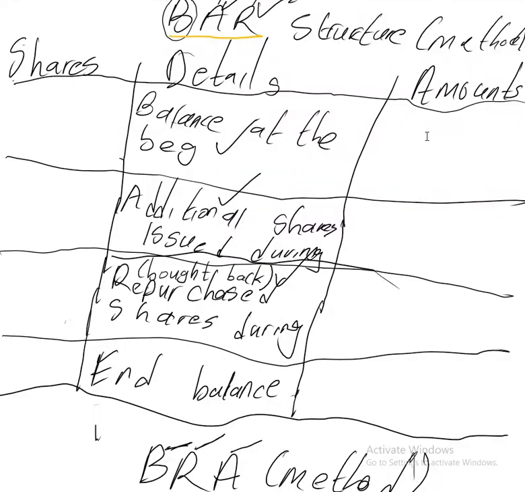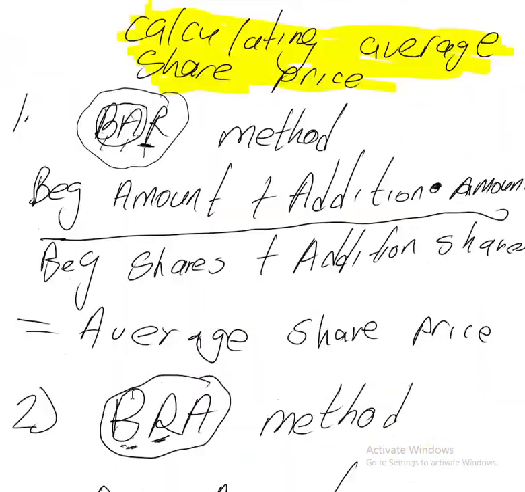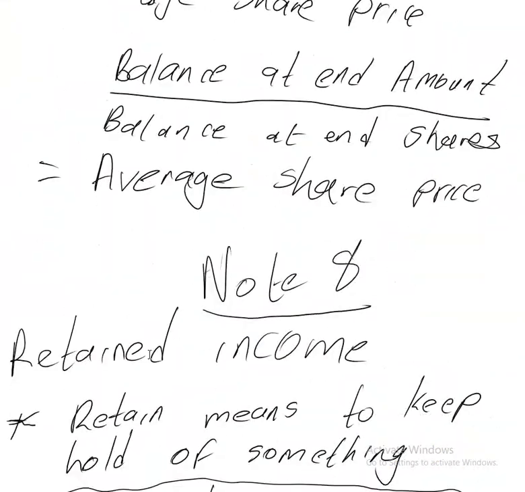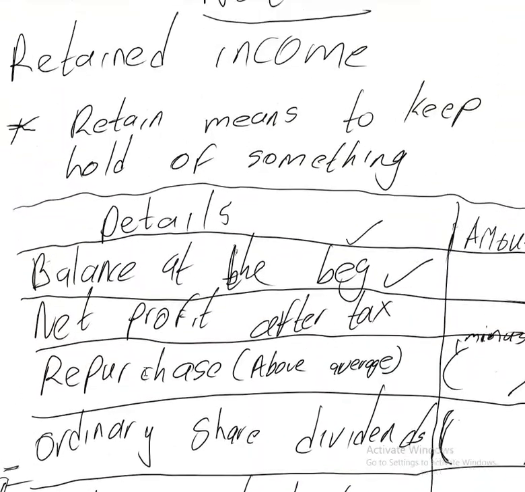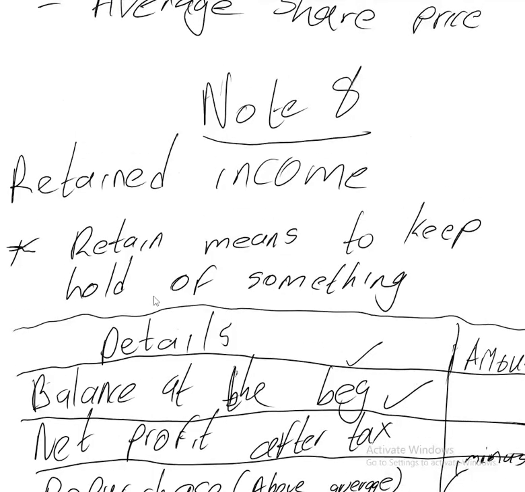We can move on to the note number 8, which is the retained income, right? The retained income is like this. In the retained income, we need to look at the income or the money that is left over in the company.